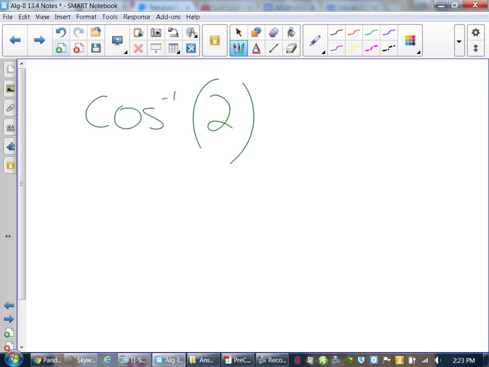What angle has a cosine of 2? Okay. So cosine, you go between here and here, correct? What's the ordered pair at 0? (1, 0).